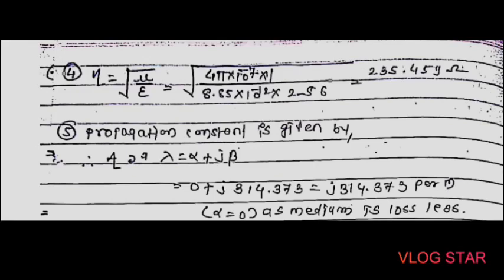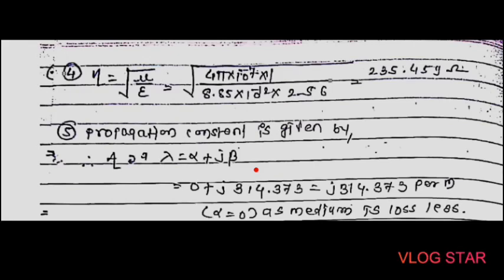Okay, and the last point is the propagation constant. We know that the propagation constant is the combination of alpha and beta, that is the real part as well as the imaginary part. So propagation constant is equal to alpha plus j beta. The value of alpha is 0 because the medium is lossless, plus j as it is, and the value of beta is 314.373.